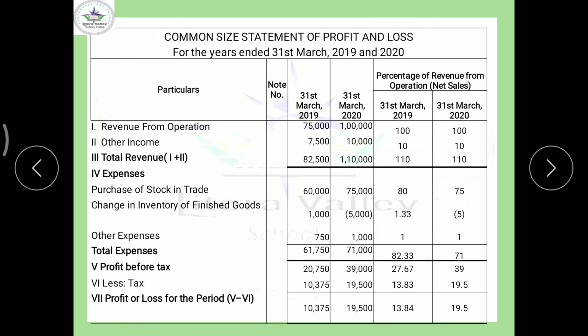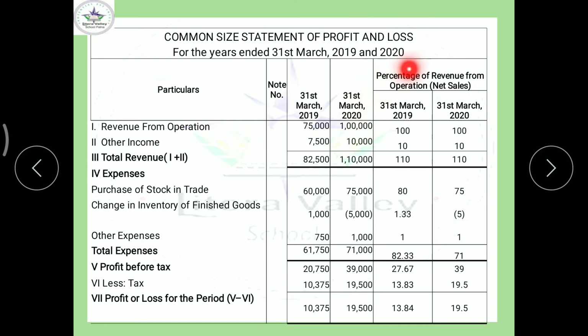So come to the solution here. You can see revenue from operations is given here, 75,000 and 1 lakh. So here it is 100%. How is it 100%? 75,000 divided by 75,000 into 100.